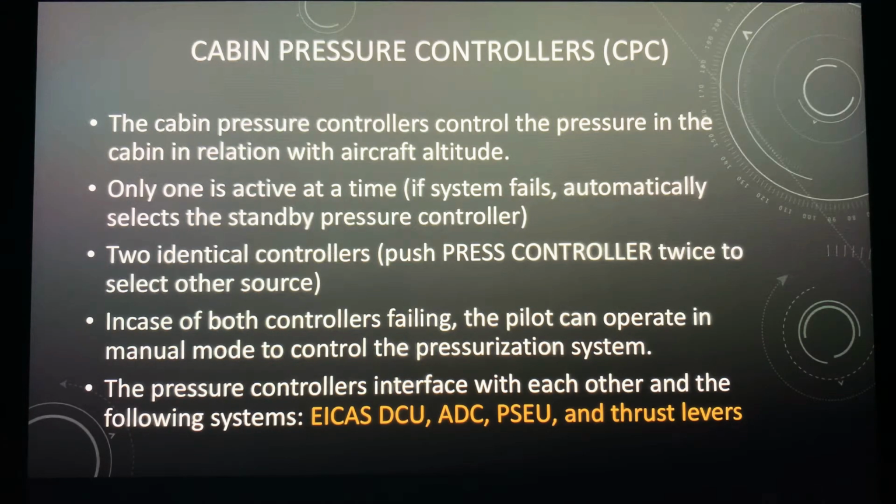In case of both controllers failing, the pilot can operate in manual mode to control the pressurization system. These cabin pressure controllers interface with each other and the following systems: the ICAS, DCU, ADC, PSEU, and the thrust levers.